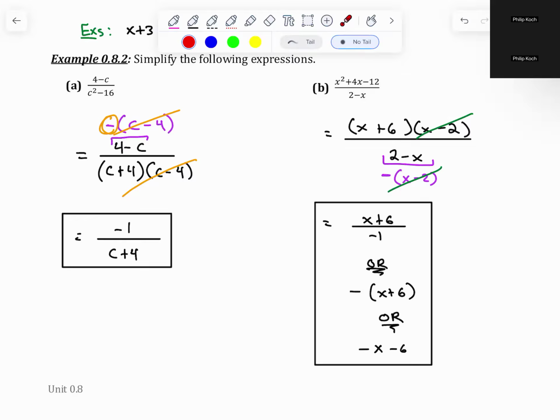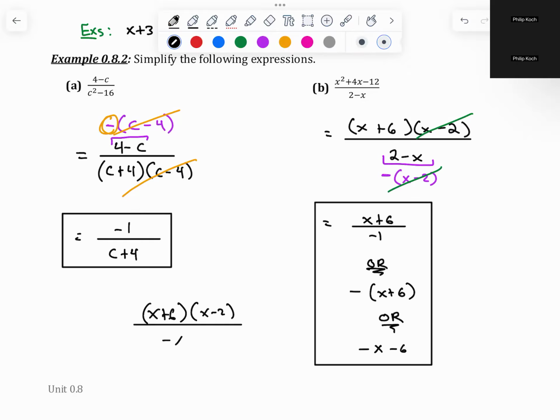As a small side note, suppose it was x squared, x plus 6, and maybe the bottom was -x minus 2. It looks like it should work out, but it doesn't. Remember, the first one's +x minus 2, and the bottom one is -x minus 2.